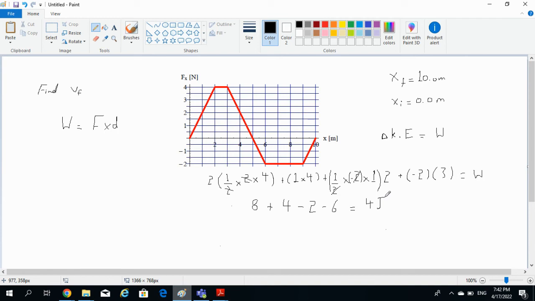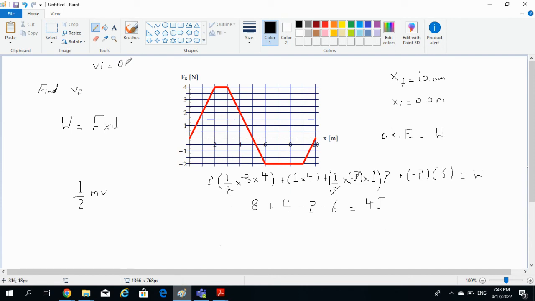Now remember, we have to stick to what we had to find, and that was the velocity, right? So half mv square is the formula for the kinetic energy, and the initial speed we take to be 0 meters per second.